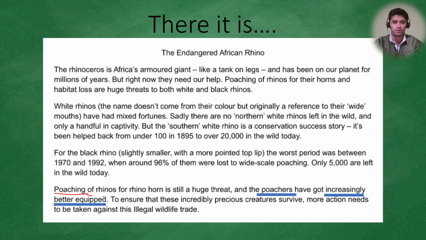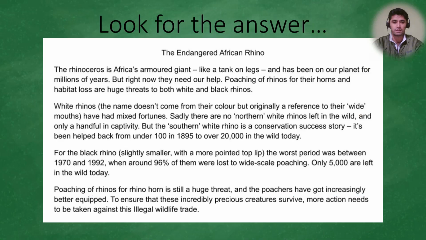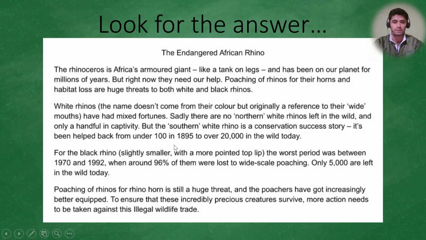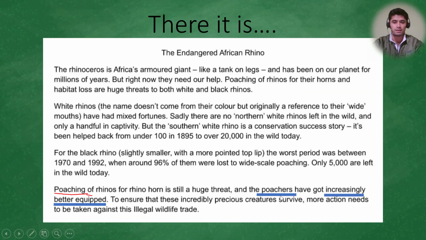So better equipped is the keyword here. In the question it was improved. The main question was how have the criminals improved their success. You can see the poachers have got increasingly better equipped.